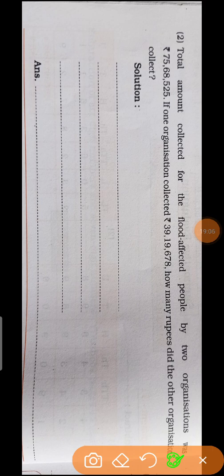If one organization collected rupees 39,19,678, how many rupees did the other organization collect? Okay, this is for flood affected people.